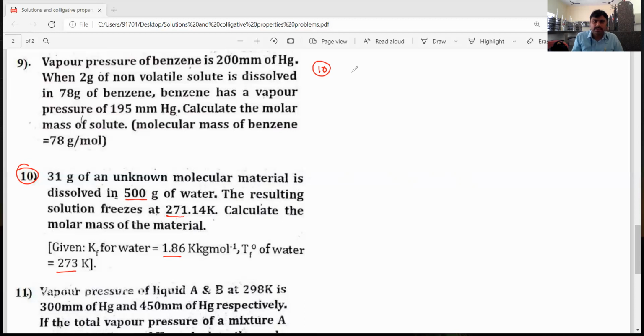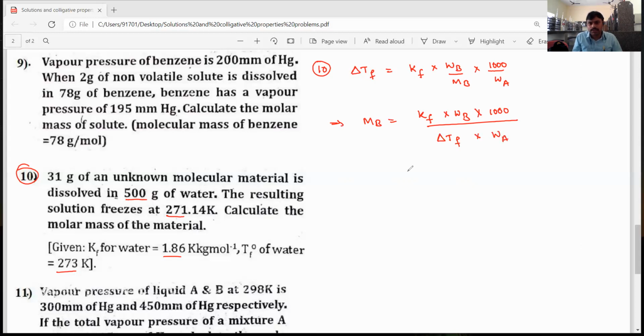Okay, so in this case delta TF is equal to Kf into molality. Molality is nothing but weight by gram molecular weight of solute, into 1000 by weight of solvent. Now MB is equal to Kf into WB into 1000 divided by delta TF into WA.